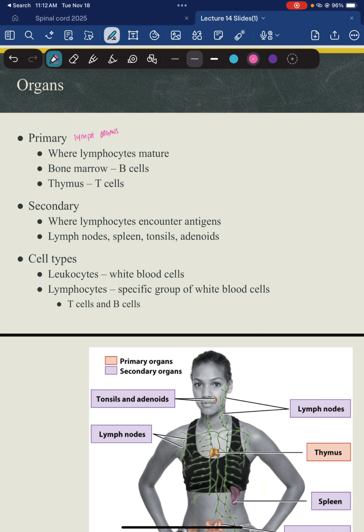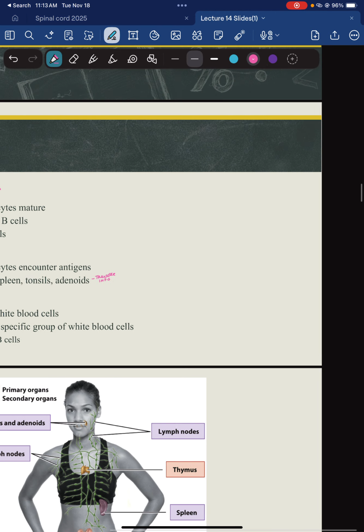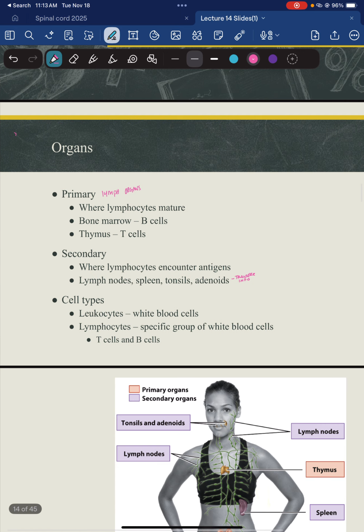So lymph nodes are where we transfer information from infections. When your white blood cells go out and find bacteria, lymph nodes are kind of like the little hubs where everything converges and your immune system gets activated and learns about all of this stuff. So they're super, super important in activation.